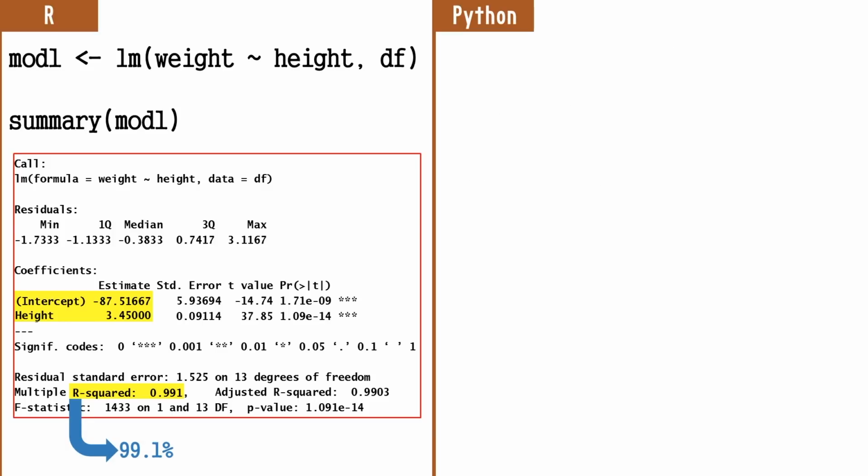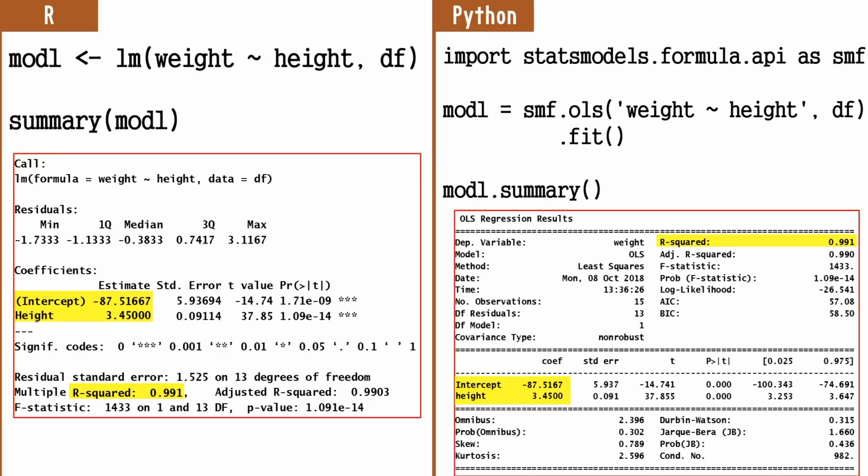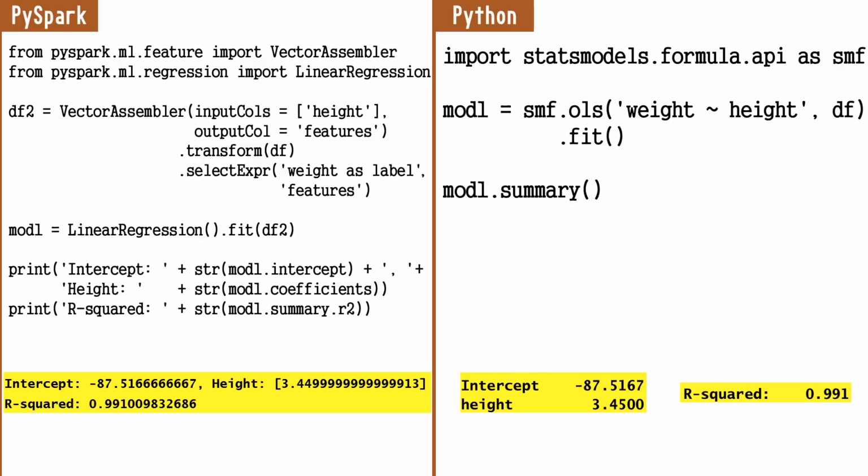When we perform a similar linear regression with Python, we receive similar intercept, coefficient, and R-squared values. We'll compare Python to PySpark to see how different their code is. We get similar results, but we definitely had to work harder in Spark.